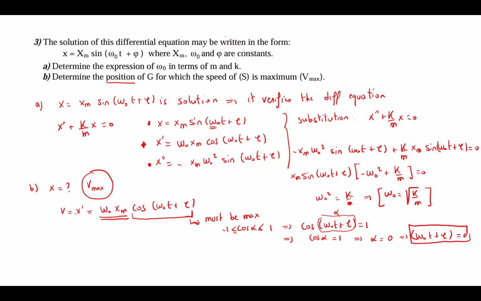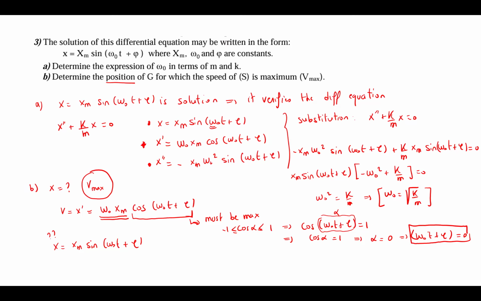This condition for v to be maximum will give us this equation. But our aim is to find x at the end. So I will write x equals xm sine omega 0 t plus phi. So what is the position for v to be maximum? For v to be maximum, I need cosine to be equal to 1.